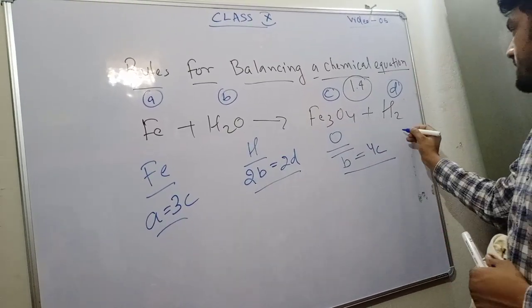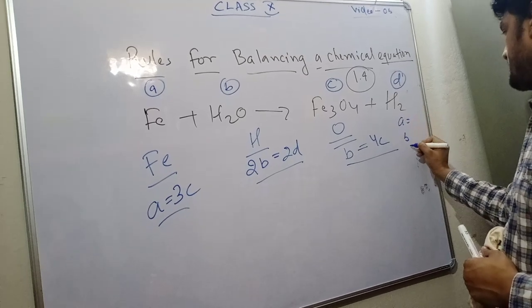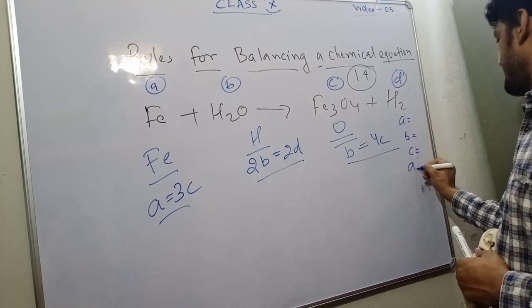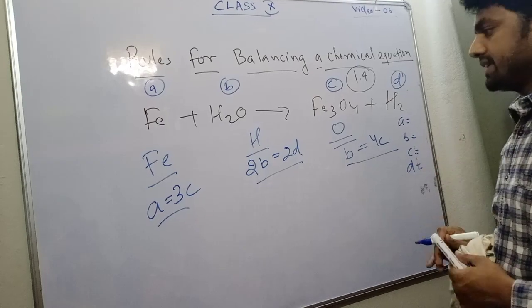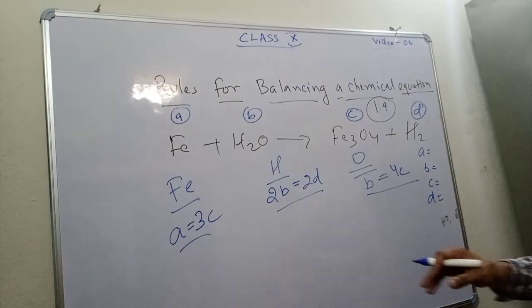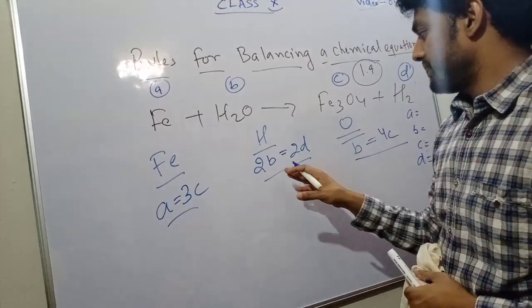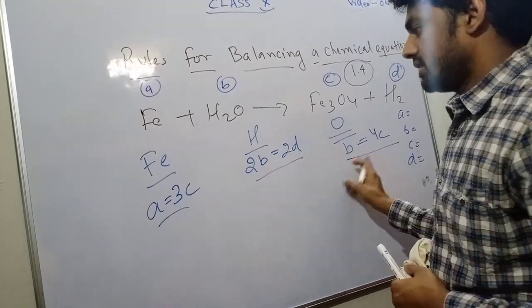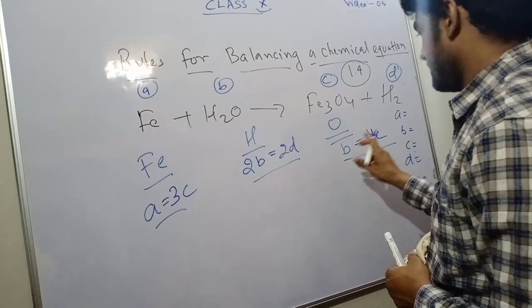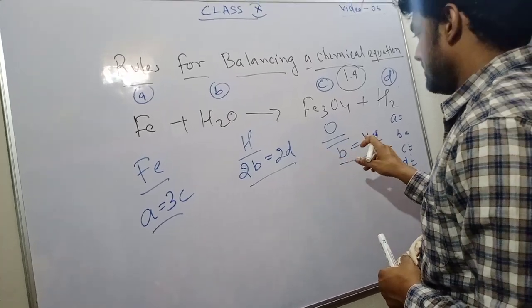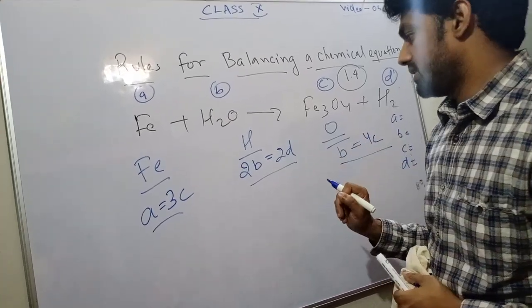Okay, we have to find A, B, C and D. ये 4 चीज निकालनी है. Now we will see which letter comes more. B 2 times, A only 1 time, D 1 time, C 2 times.